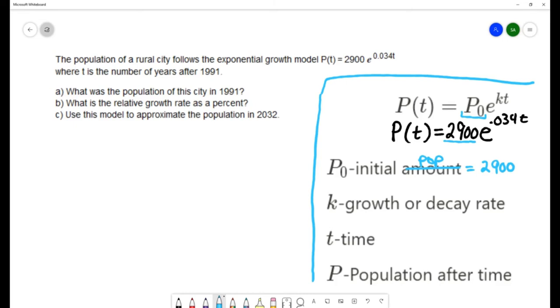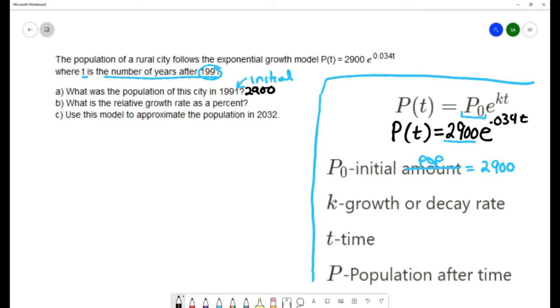So since this question says that T is the number of years after 1991, this is our beginning point in time. And so part A is asking for what is the population of the city in 1991. That is our initial population. So the answer to part A is 2,900.